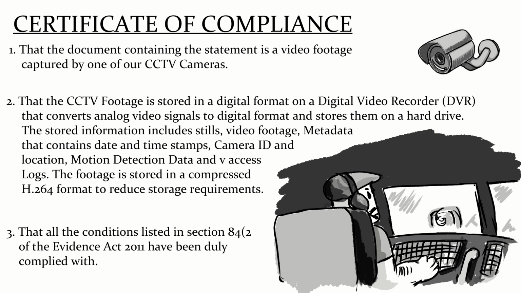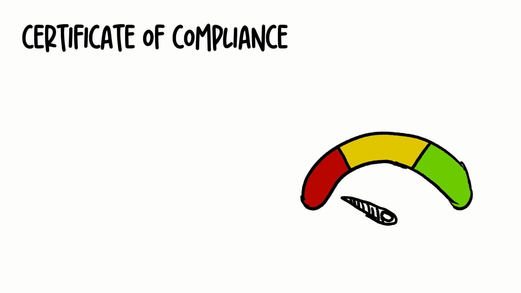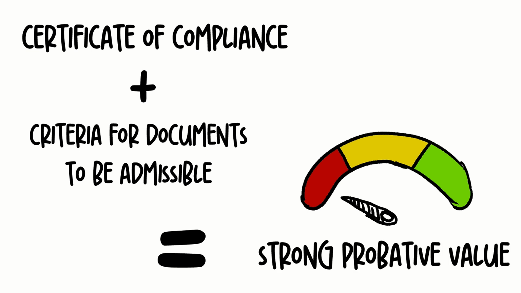In practice, when you want to draft your statement of compliance, you can always use the language provided in the Evidence Act. Again, you don't have to cram these, just understand them. If you can get this certificate of compliance alongside the criteria for documents to be admissible, then the court will not only admit your computer-generated evidence, but will rely on it because of its strong probative value.